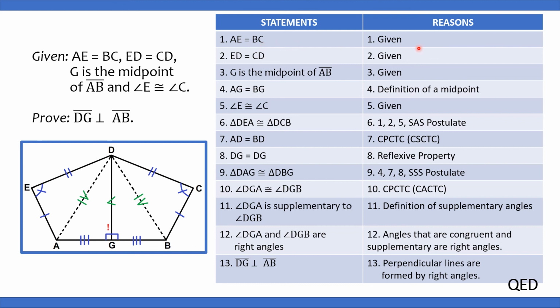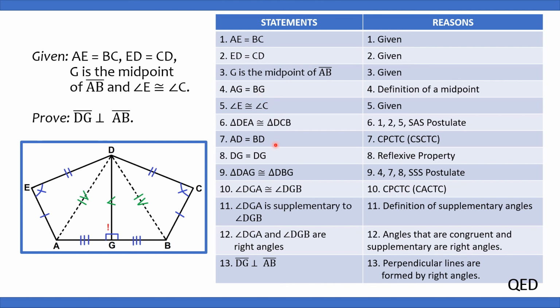AE is equal to BC, given. ED is equal to CD, given. G is the midpoint of line segment AB, given. AG is equal to BG by the definition of a midpoint. This statement 4 is a consequence of statement 3. Angle E is congruent to angle C, given. And triangle DAE and triangle DCB are congruent, these two triangles, by SAS postulate considering statements 1, 2, and 5.